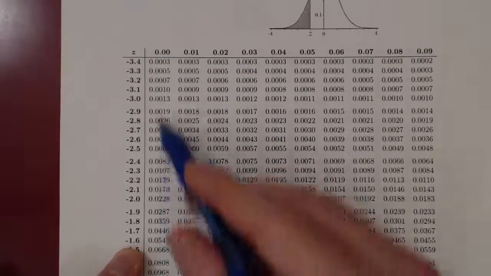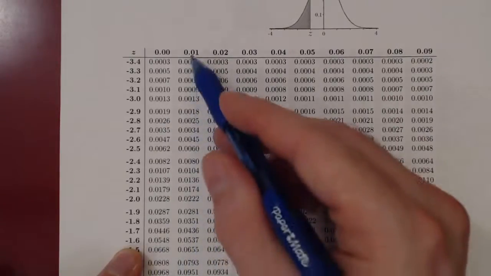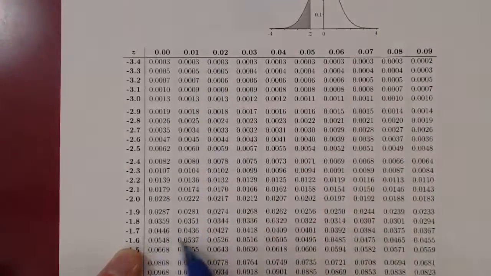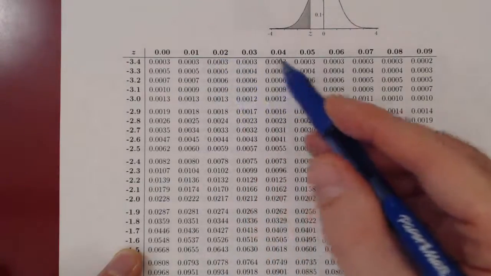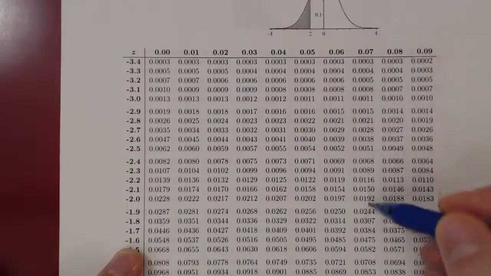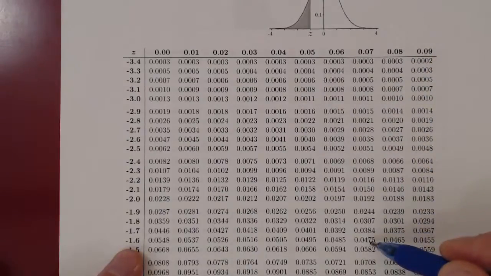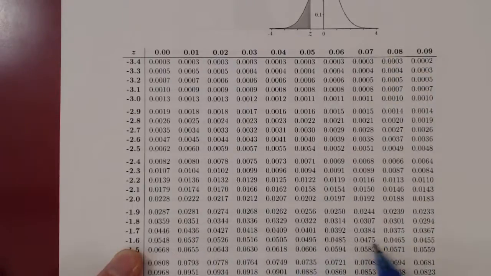This would be negative 1.60, negative 1.61, negative 1.62. We want negative 1.67, so we are in this column. Moving down, negative 1.67. So the probability is this value here, which is 0.0475.